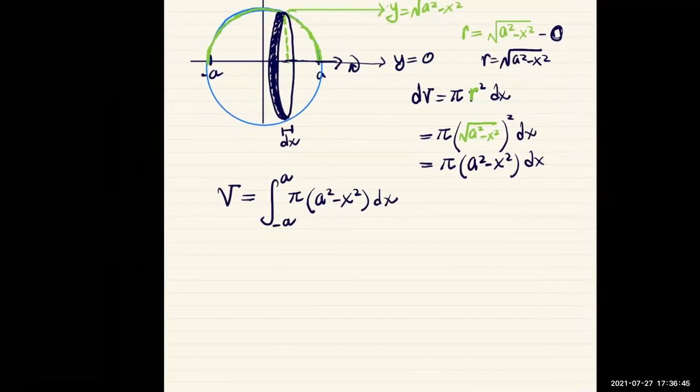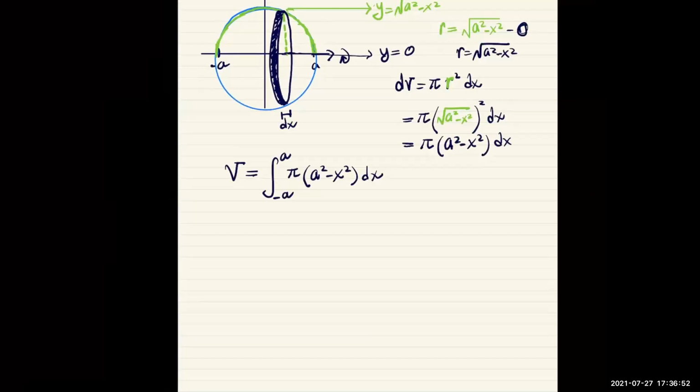And guess what? We can totally use symmetry. Just do the double of the integral from 0 to a, and you can take the pi out. So 2 pi integral from 0 to a.